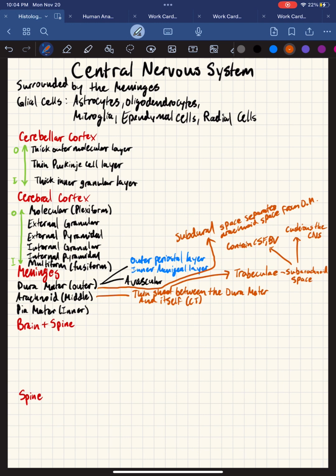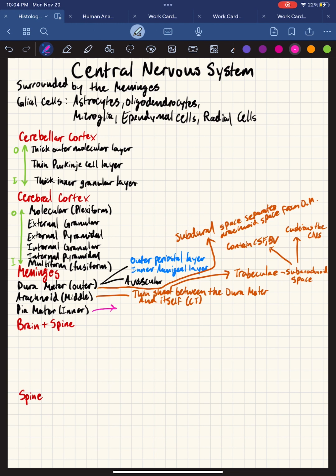And finally, we've got the pia mater. It's got to save the best for last. So this specifically, as I mentioned before, these all go together, since they're layer by layer.